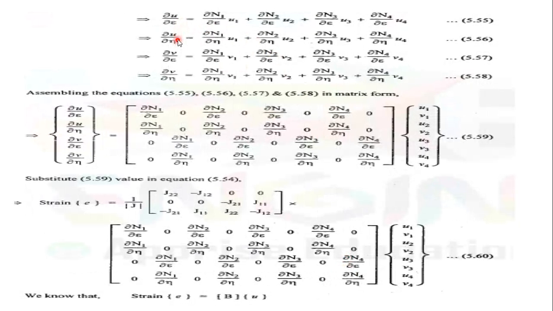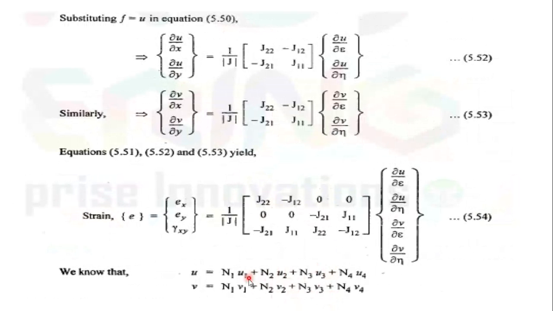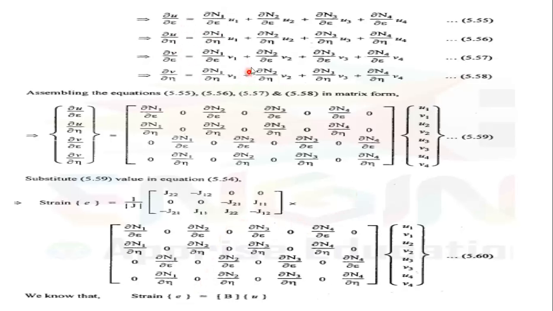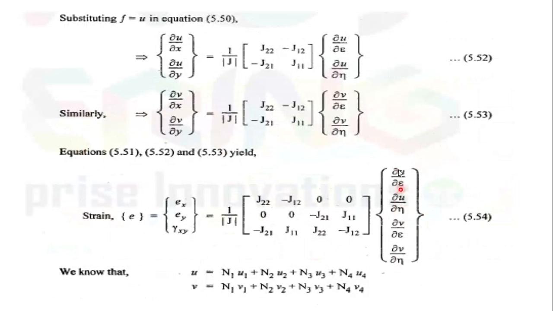We know the values of u and v, so I differentiate these equations with respect to epsilon and eta. Once we know that, these four equations are written in matrix form, and this matrix form will look like this. This is the value we required here.